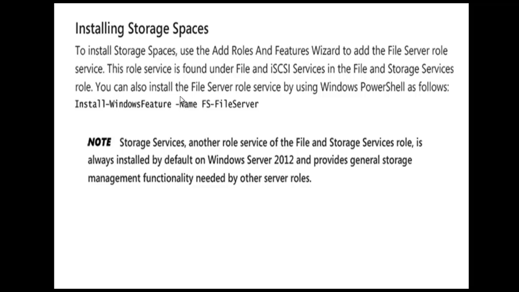It is also possible to install the File Server role using the PowerShell command Install-WindowsFeature, the name parameter, FS-FileServer. Note that Storage Services, another role service of the File and Storage Services role, is always installed by default on Windows Server 2012 and gives you the general storage management functionality needed by other roles.